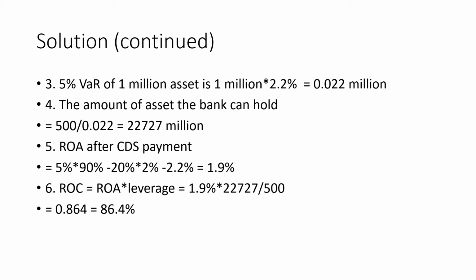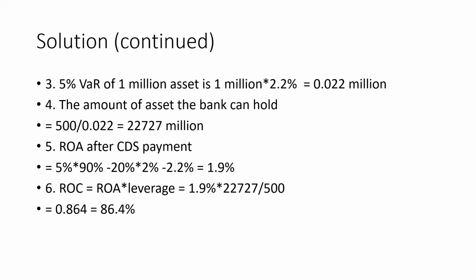But in the case of the 2% probability that the loss is 40%, the insurance company only covers 20%. So there's still a 20% loss. And finally, whether you make a loss or not, you have to pay the 2.2% premium.